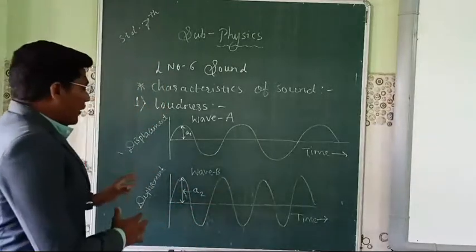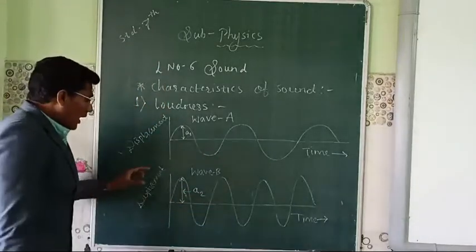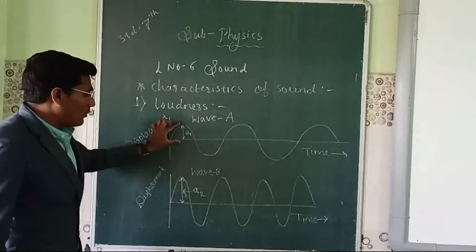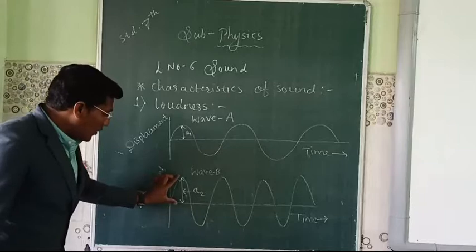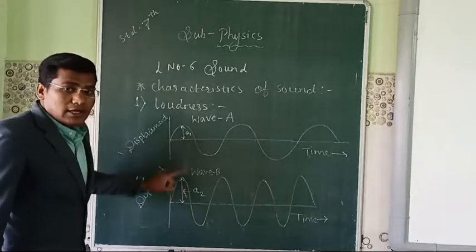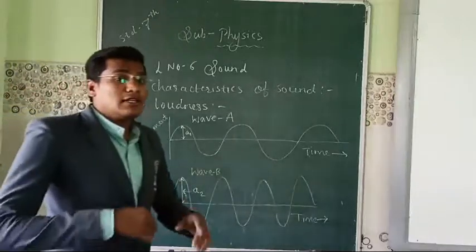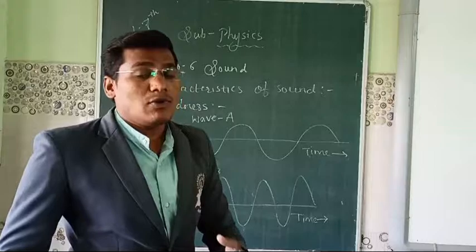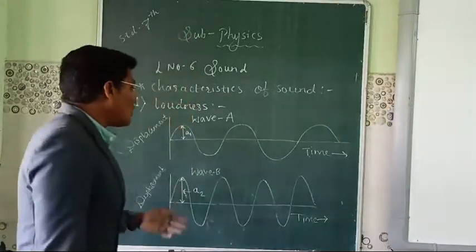And when we compare the waves, as wave B has more displacement than wave A, it means that wave B has more amplitude than wave A. That's why the more the displacement, the more the amplitude, and the more the amplitude, the more the loudness.